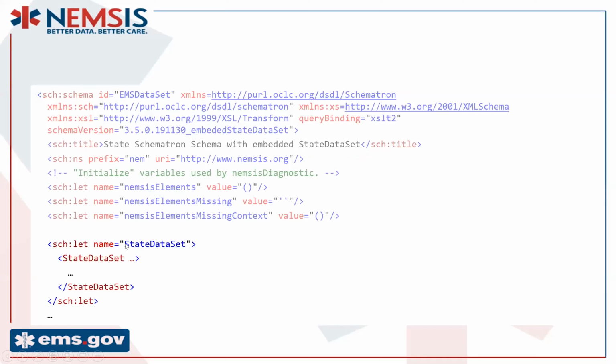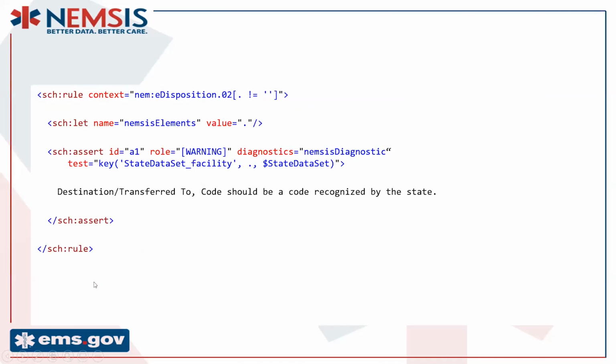So we're going to look inside of this variable, which contains all of our state data set data. Again, the key to use is the facility key. The value we're going to try to look up is the value of the context element, edisposition.02, the destination code. And the variable we want to look in to try to find a match is state data set.